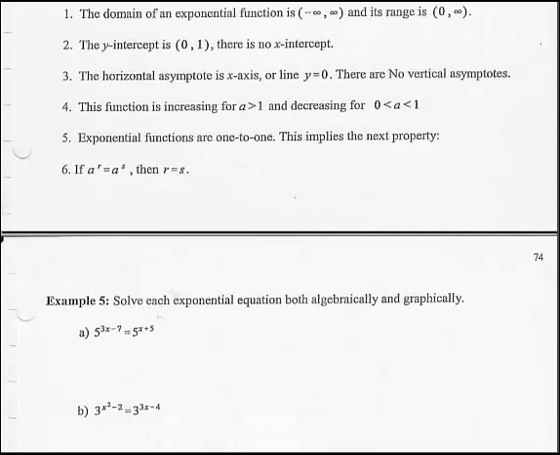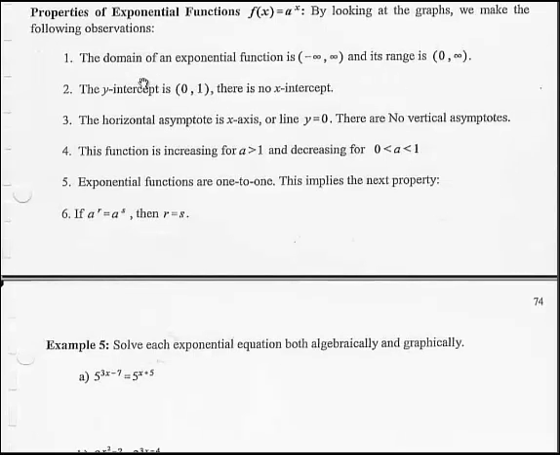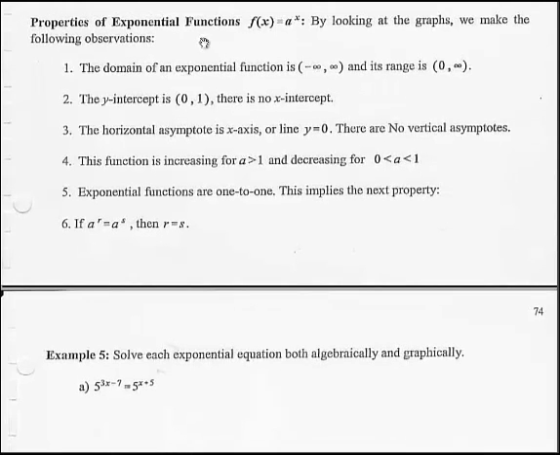So at the bottom of the page, we list some properties of the exponential functions, and that includes the natural exponential function e to the x. Any of the exponential functions that we've talked about so far. The domain is all real numbers, and the range is 0, infinity. Okay, because we said earlier that it doesn't touch the x-axis, and the x-axis is y equals 0.